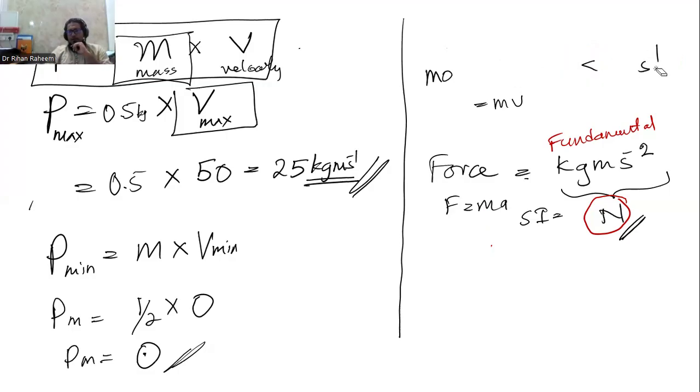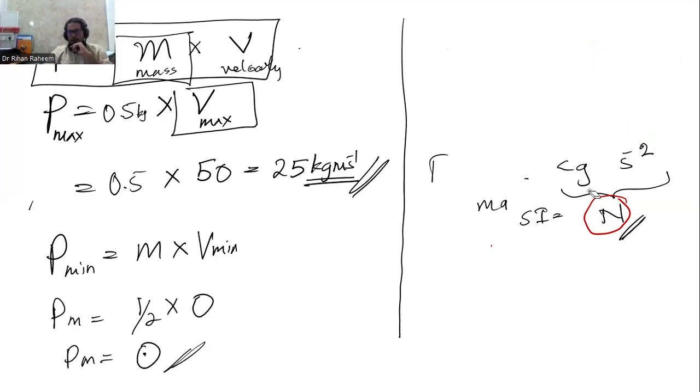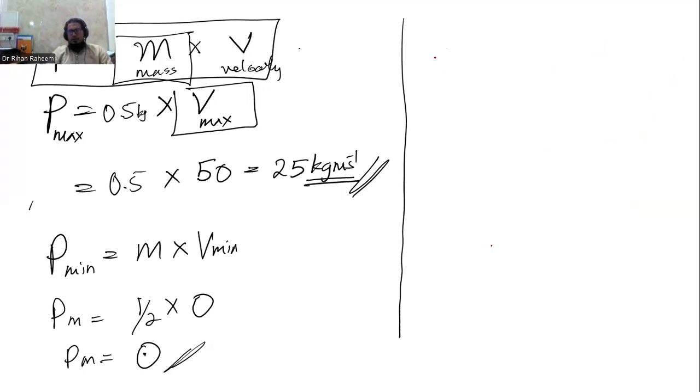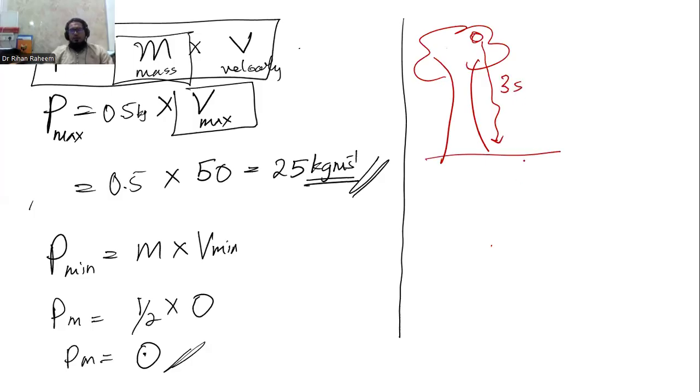Someone asked me how to find the final velocity. I'll give you a quick question and tell you how to find the final velocity in this kind of falling down situation. Let's say there is a plant and a fruit from the topmost branch fell down. They are telling us it took 3 seconds to fall down. Find the final velocity.